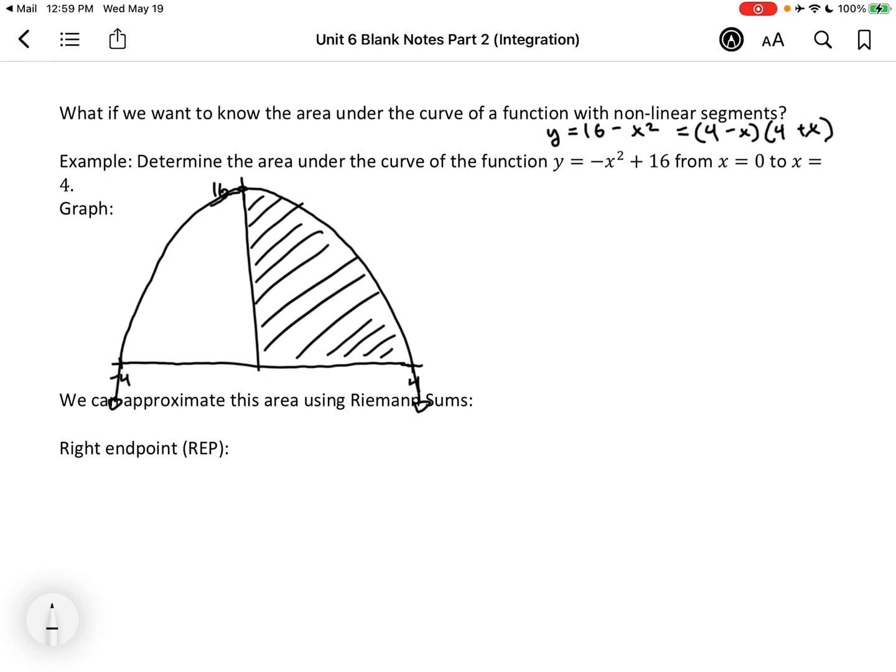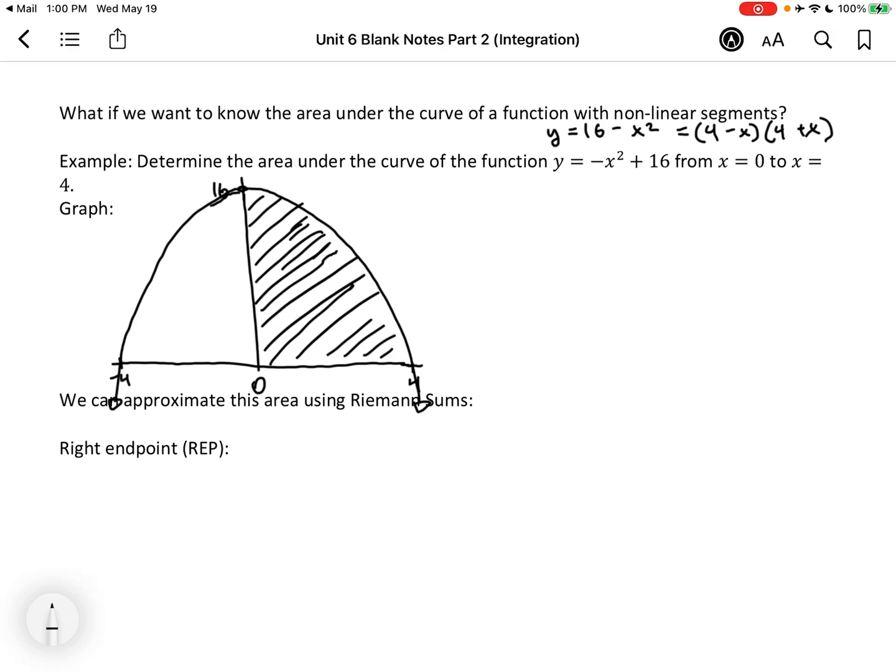We want to find the area under the curve, and I should say bound by the x-axis, between 0 and 4 and the x-axis, and this curve y equals negative x squared plus 16. The problem is that we can't break it up into triangles and rectangles and squares and trapezoids because it's curved, and we don't have a formula that's going to help us to do so.